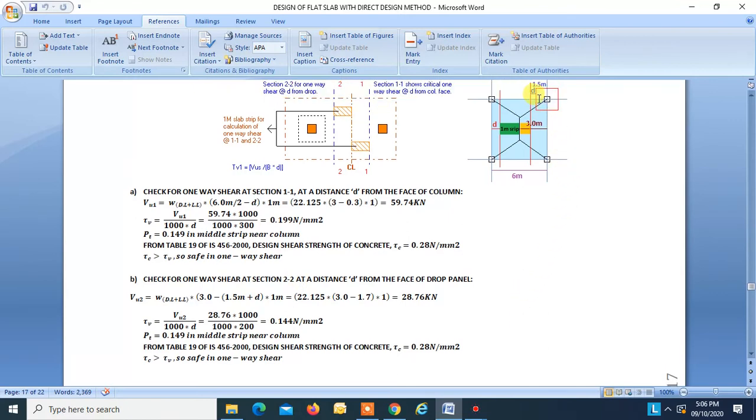So we will check from the face of the drop. So this is 1.5 meters plus d. This is 3 meters. W into 3 meters minus 1.5 plus d into 1 meter, that is equal to 28.76. Again, tau V we found as 0.144, tau C is again 0.28, tau C is greater than tau V, so it is safe in one-way shear.